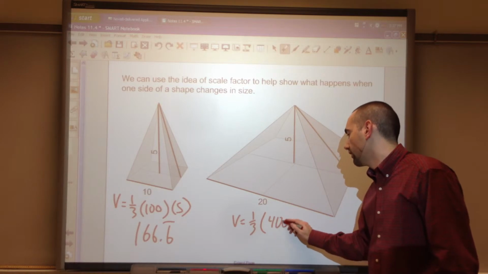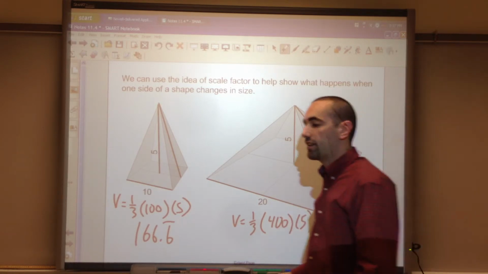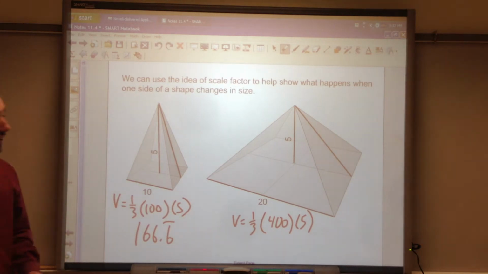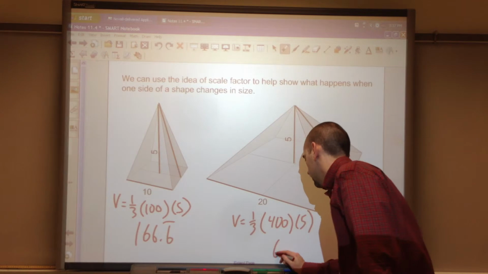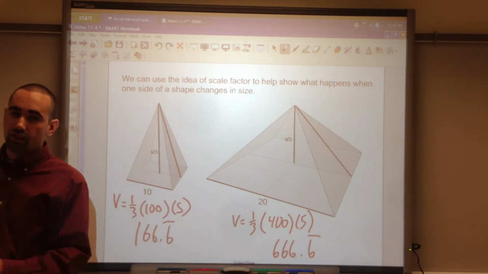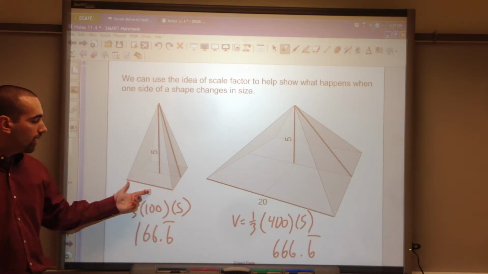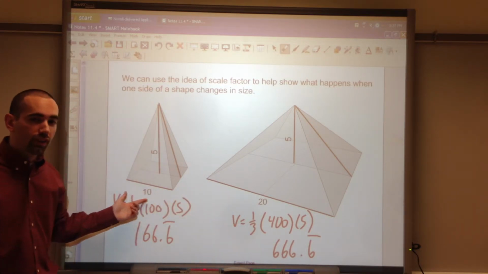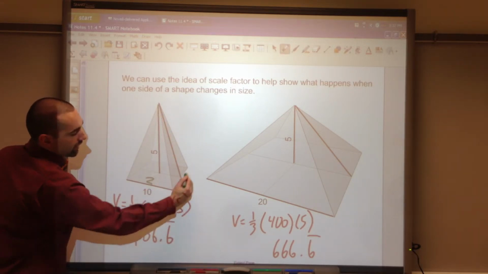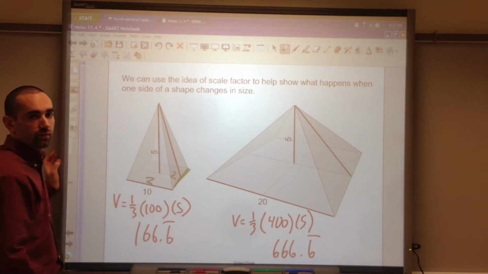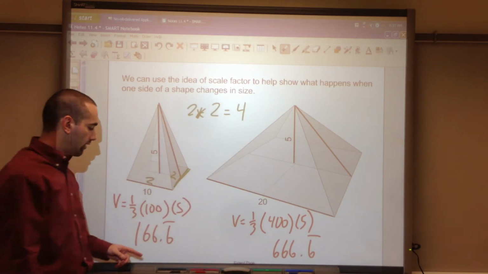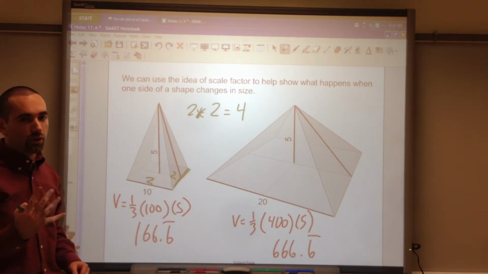So that's 400 times the height of 5. And what I get from my volume here is 666.6 repeating. So my volume was more than doubled. I increased this dimension by 2, I increased this dimension by 2. 2 times 2 is 4. I increased it 4 times.